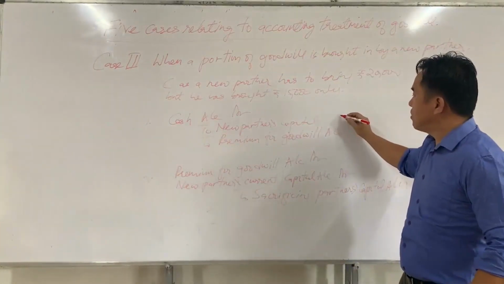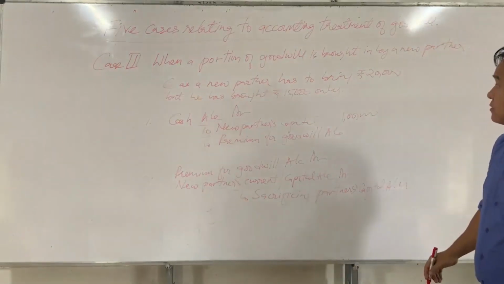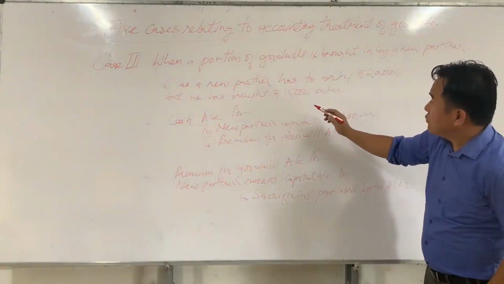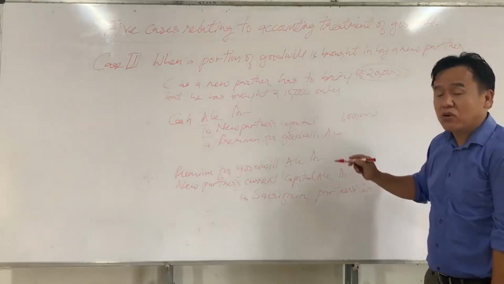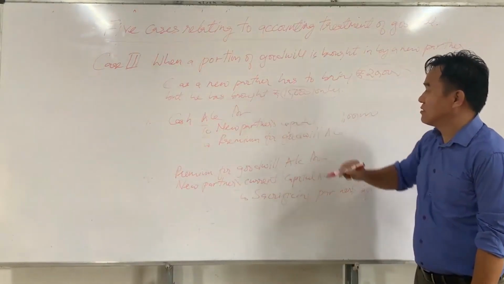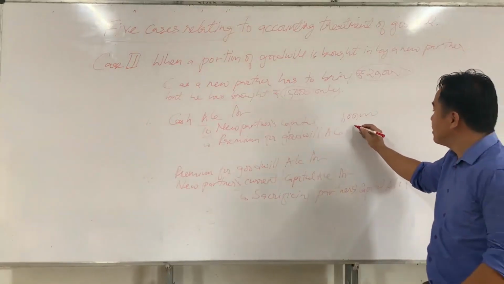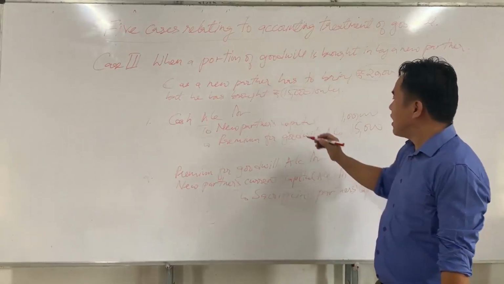Let's assume that the new partner has brought rupees 1 lakh as his capital. Now, the goodwill which is to be brought in by the new partner is rupees 20,000, but he has brought only 15,000. So we can't write 20,000 here, since he has brought only how much? 15,000. So here we have to write 15,000. In total, how much has he brought?